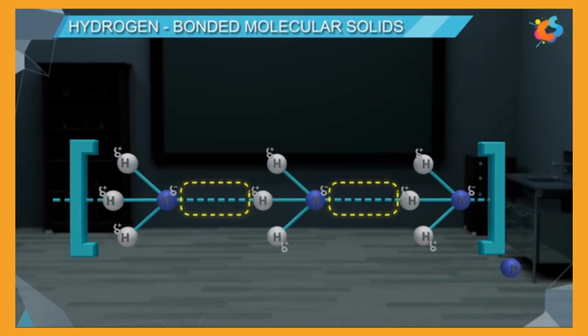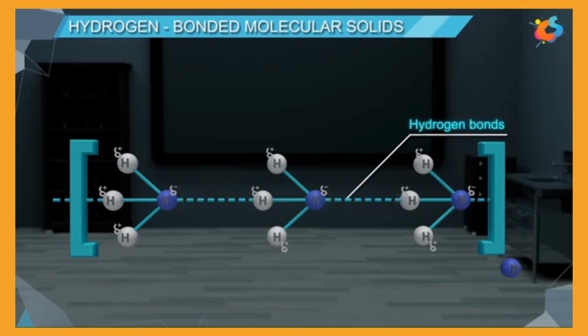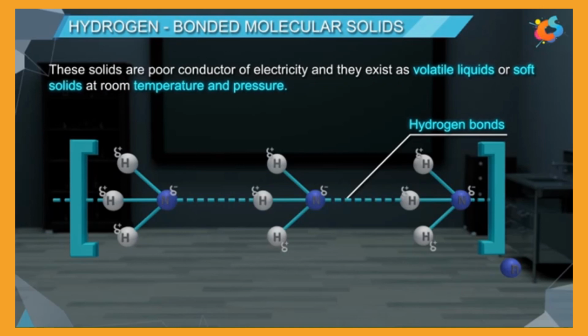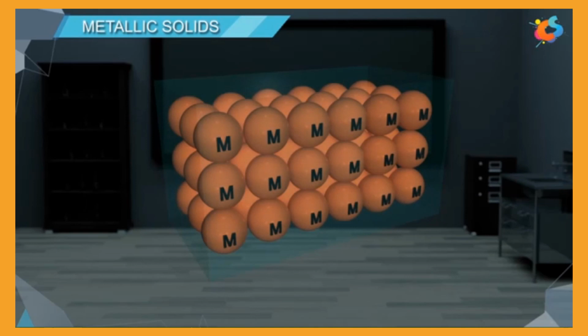This link between the hydrogen atom and the highly electronegative atom of its neighboring molecule is known as a hydrogen bond, and the hydrogen bond is represented as dotted lines. Due to the presence of strong hydrogen bonds, these solids have higher boiling and melting points when compared to nonpolar and polar solids. These solids are poor conductors of electricity and they exist as volatile liquids or soft solids at room temperature and pressure.